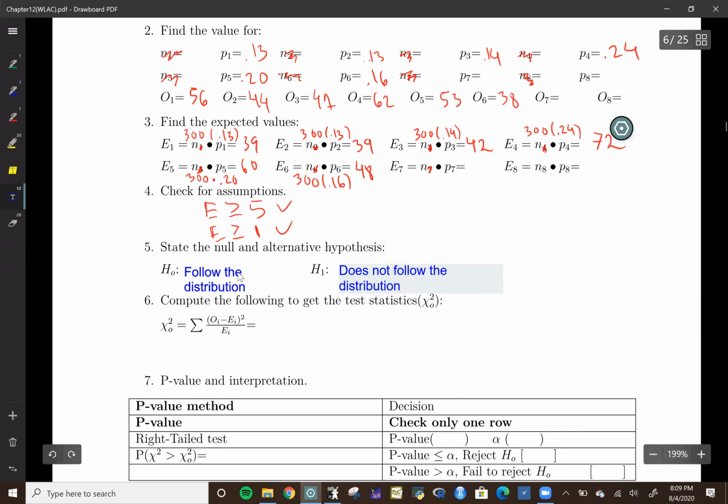The null hypothesis will be that it follows the distribution. The alternative hypothesis will be that it does not follow the distribution. Everybody good with that so far?